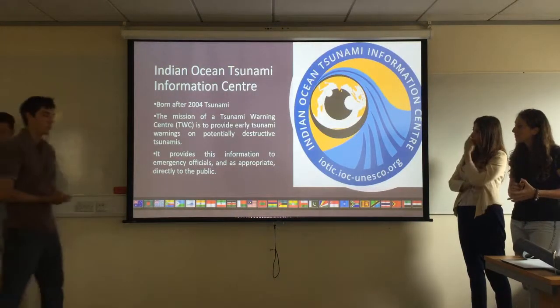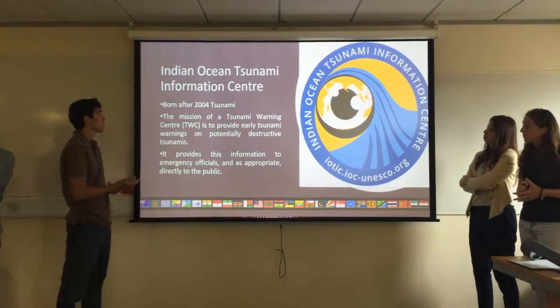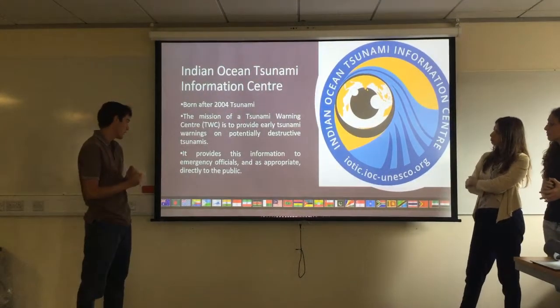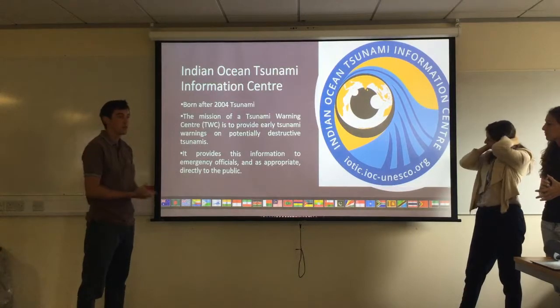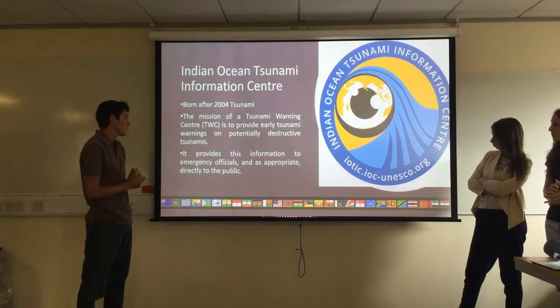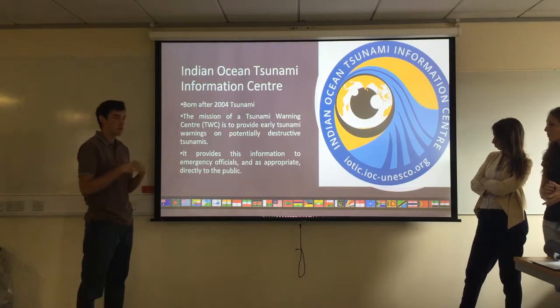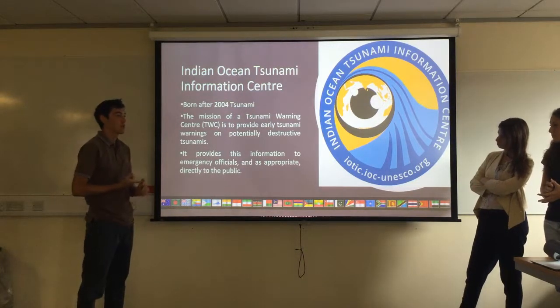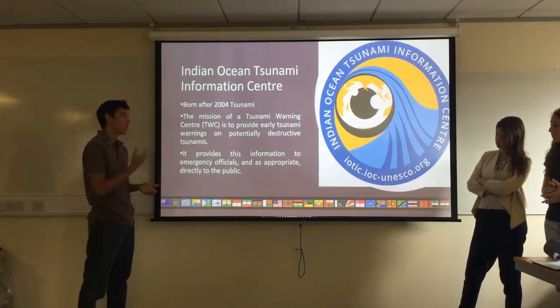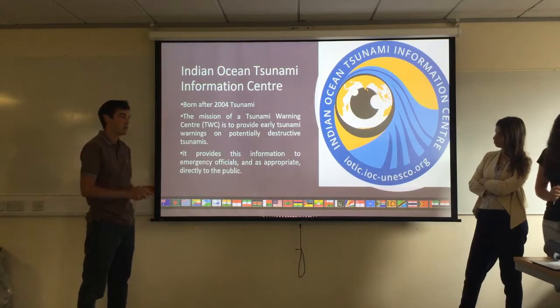One of the important consequences of the tsunami was the birth of the Indian Ocean Tsunami Information Center, which gathered 28 countries that face the Indian Ocean. It has the purpose to provide quicker information about tsunamis and to disseminate more information about how tsunamis happen, and when one happens, what to do and how to be prepared.